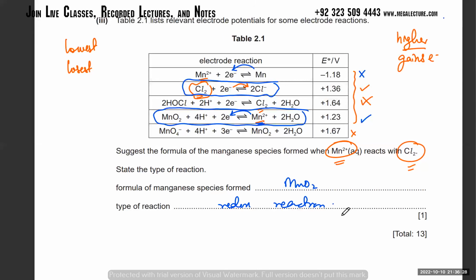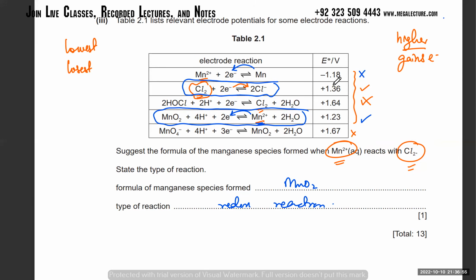Yes, sir. Okay, so coming back to this, remember, you're only going to select equations that involve Mn2+ and Cl2. And the other point is that the higher one gains electrons, but it has to be one of these two that's gaining electrons. If somebody else is gaining electrons, you reject that. The higher came out to be 1.64, but it was HOCl that was gaining electrons, and there is no HOCl here, so you rejected that.